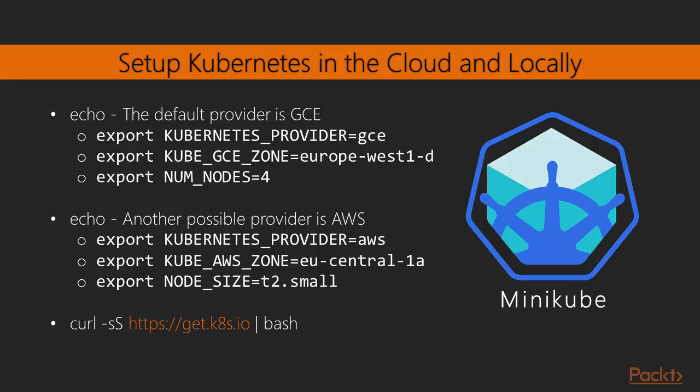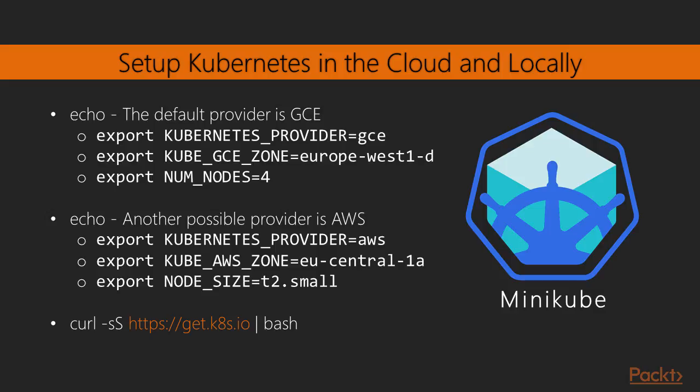Now, just briefly, how can you set up Kubernetes in the cloud or locally? Well, technically, you can run Kubernetes almost anywhere, right? So if you download the Kubernetes distribution, there's a shell script provided, and what you can do is specify a few additional environment variables, like you see here, for example, to have GCE, so that's the Google Compute Engine as a Kubernetes provider, or maybe AWS as an infrastructure as a service provider to host your Kubernetes cluster.